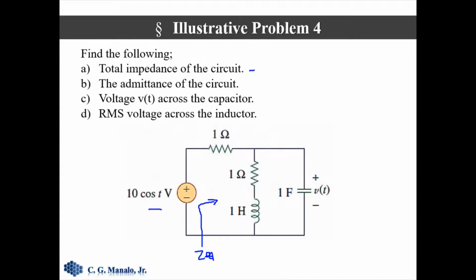Then the admittance of the circuit, which is simply the reciprocal of the equivalent impedance, and the voltage across the capacitor. Again, it is expressed as lowercase, meaning the required answer should be expressed in time domain. And then the RMS voltage across the inductor, let's say this is V sub L.